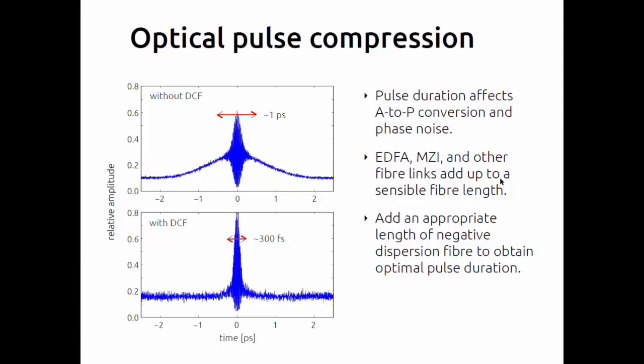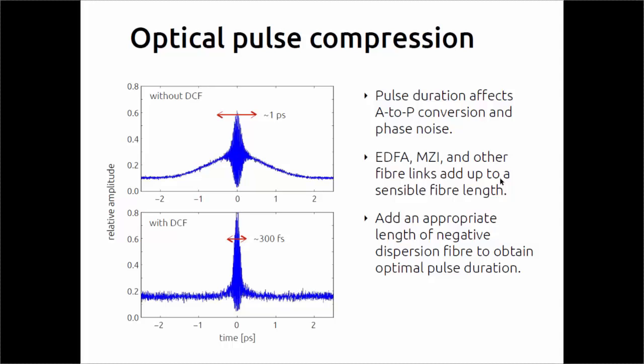Unfortunately, the system is composed of a sizable amount of fiber length that introduces dispersion, mainly in the erbium-doped fiber amplifier used to increase the optical power, and then in the Mach-Zehnder interleavers that are used to increase the repetition rate of the comb. Then we need to introduce an equivalent amount of negative dispersion to recompress the pulses and have optimal pulse duration.